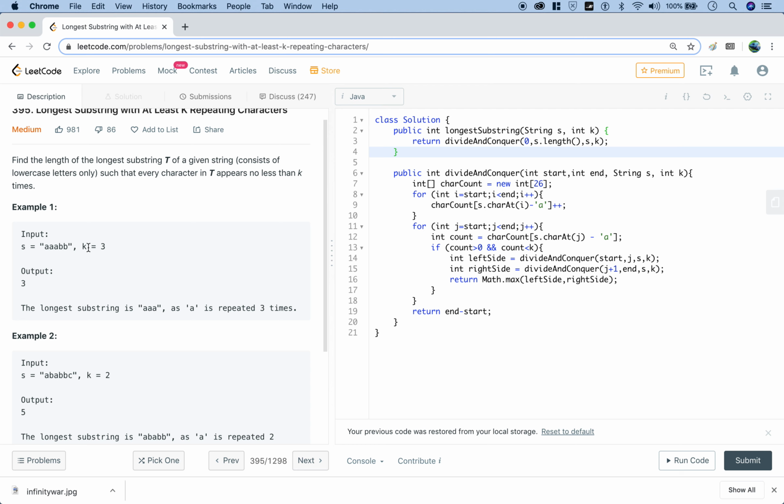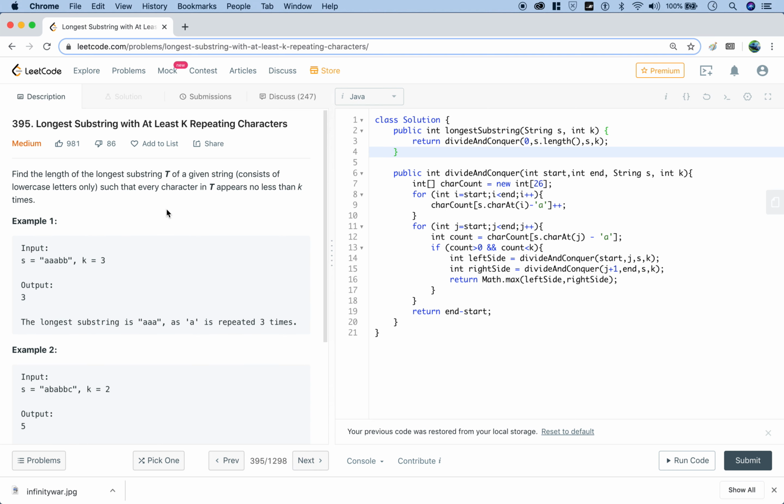Okay, so I think this problem is a good example to demonstrate divide and conquer. If you don't know divide and conquer, it uses a recursive approach to break a problem into 2 parts, and it keeps breaking the problem until it arrives at the solution.